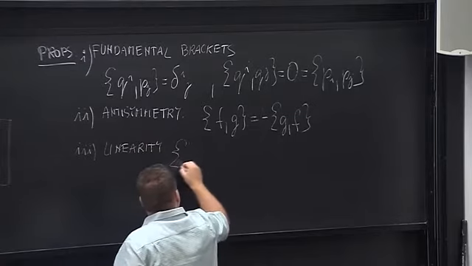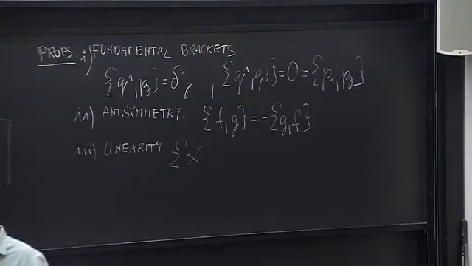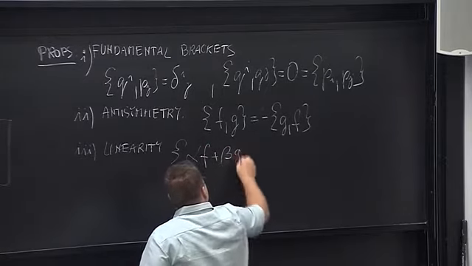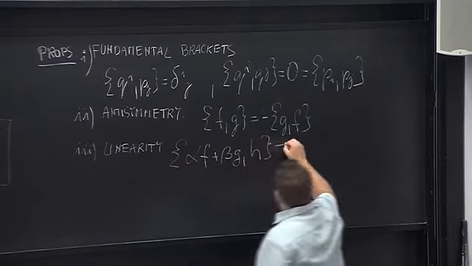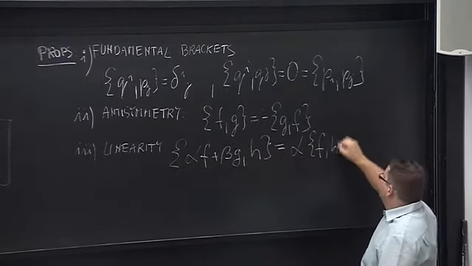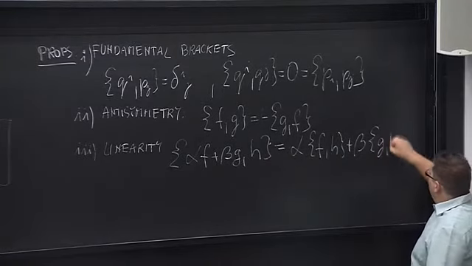So if you have alpha, which is a number, times alpha f plus beta g on h, it's alpha times f and h plus beta times g and h.